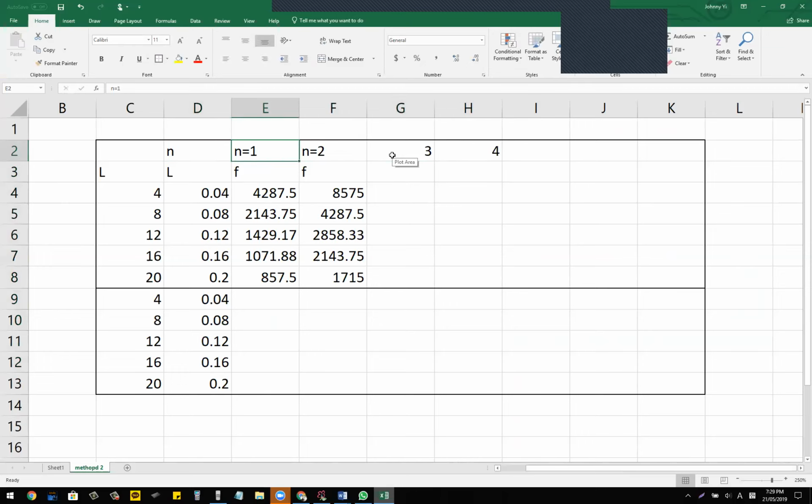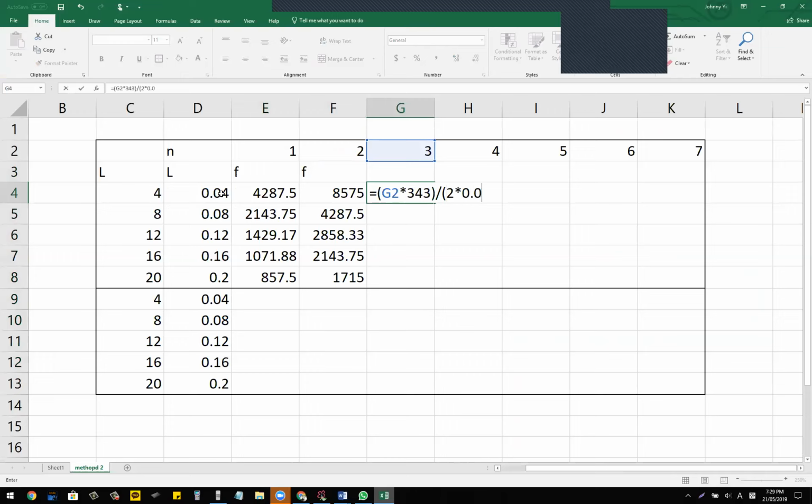So this is going to be n. So we're going to get 7 harmonics there. So it's equal to, in brackets, that times V over 2 times 0.04.